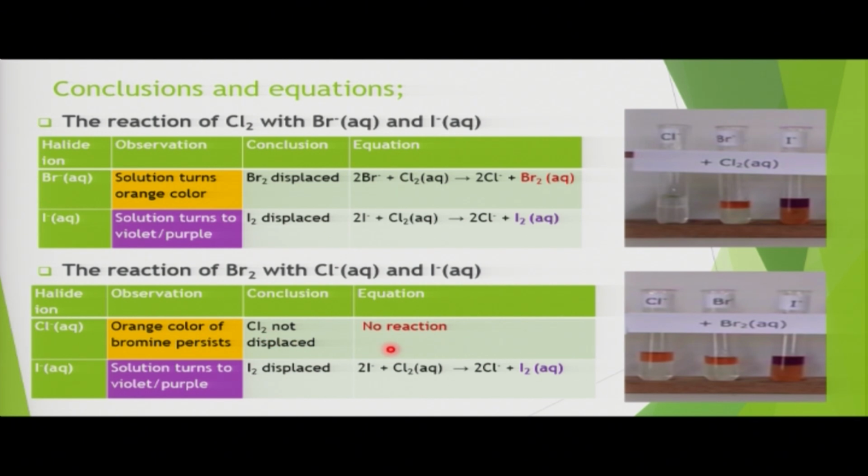In that way, there is no reaction. Since chlorine is a strong oxidizing agent, it can't be displaced by bromine. Look at the iodide. It turns purple. Simply, it is being displaced by the bromine, since bromine is more oxidizing than the iodide.